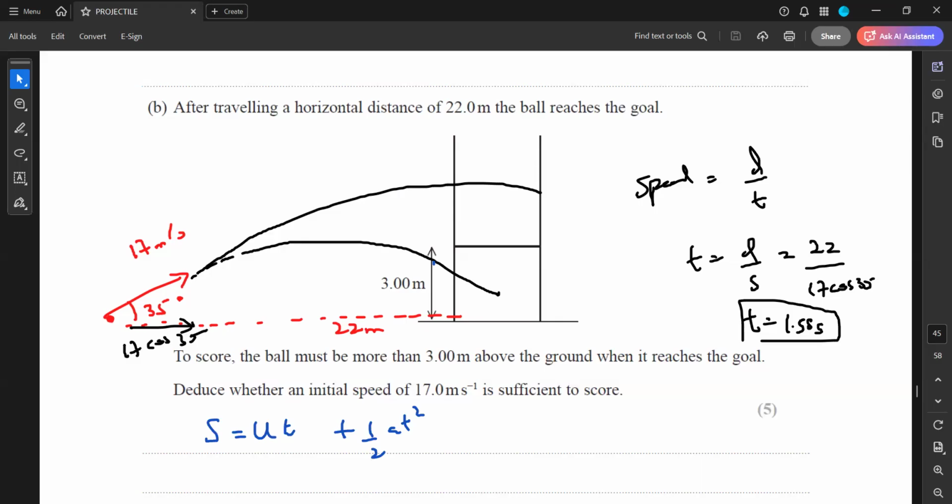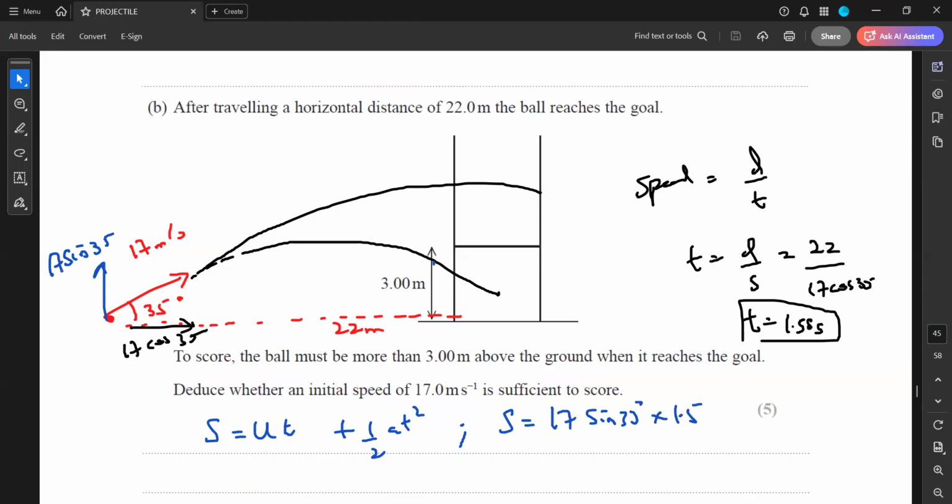We never substitute the horizontal component, because in the vertical component the object is accelerating, while the horizontal component does not accelerate. So s equals ut, where u is the initial velocity. We take the vertical velocity, so 17 sine 35.